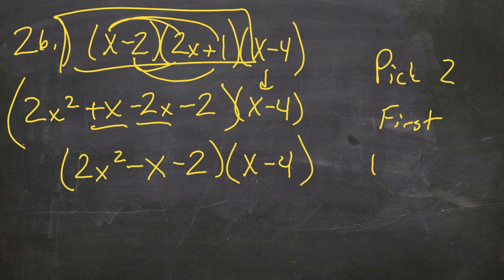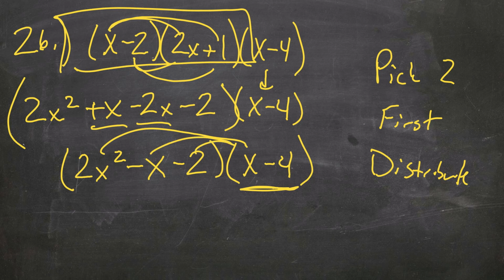Now I'm going to use the distributive property. I like using the smaller set of parentheses and taking it to the bigger set of parentheses. So I'm going to take x to everything in the bigger set. So x times 2x squared is 2x cubed. x times negative x is minus x squared.